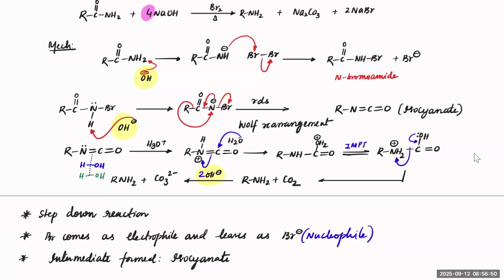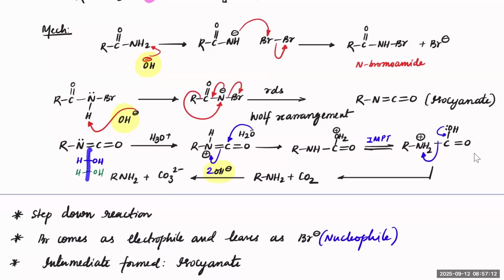Earlier, when we did the Wolff rearrangement reaction, we learned there is formation of ketene. Here it is forming isocyanate. Once you get an isocyanate, it will do very similar reactions as we did with ketenes. You can do hydrolysis.